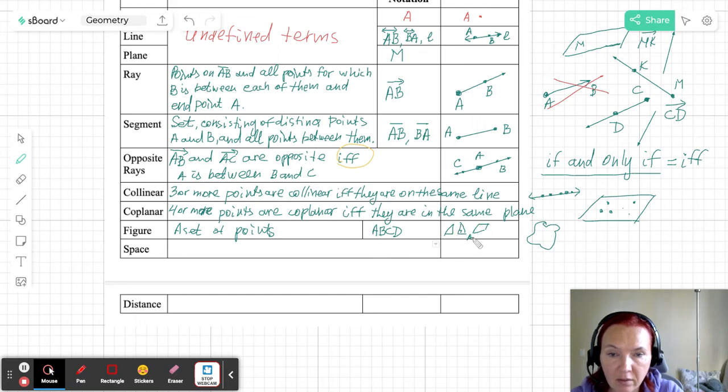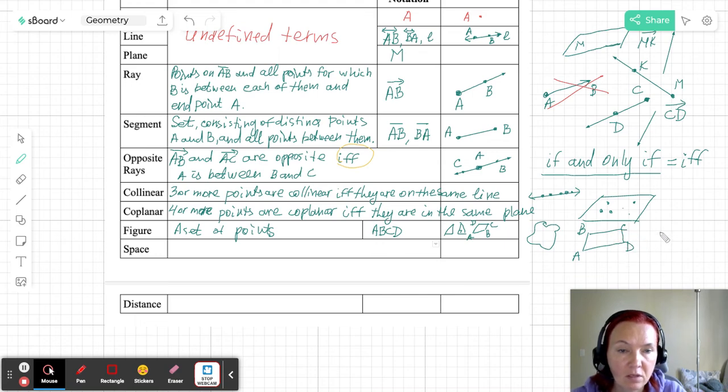If I start labeling it, I usually start labeling in either clockwise or counterclockwise direction, but the letters have to follow each other. So if I call this one B, then this one has to be C, and this one is D. Or vice versa, if I have a figure like this and I start with A and then B, then this point will be C and this point will be D. What I cannot do is say, oh, A is going to be here, B is going to be there, C is going to be there, and D is going to be there.